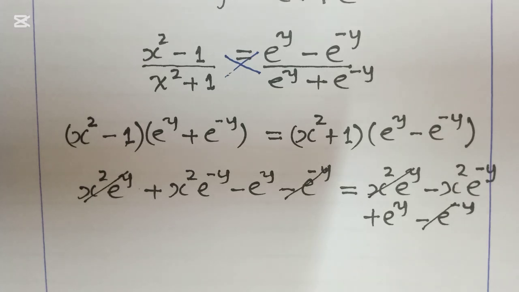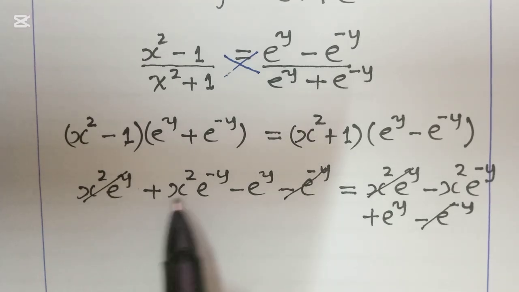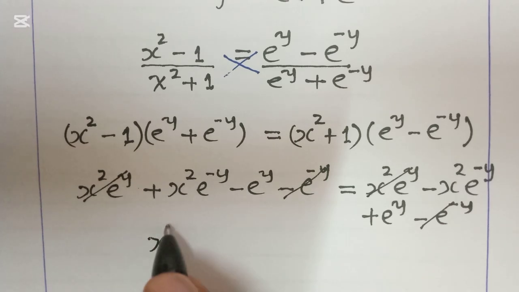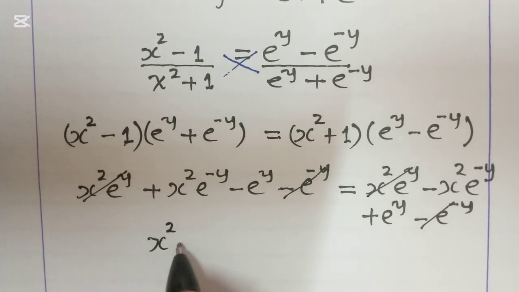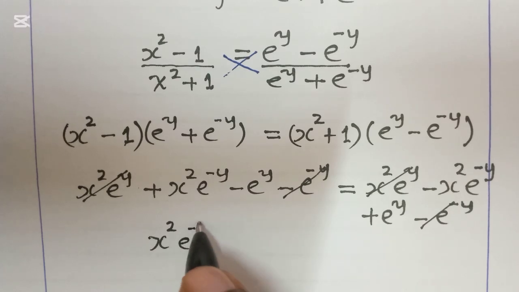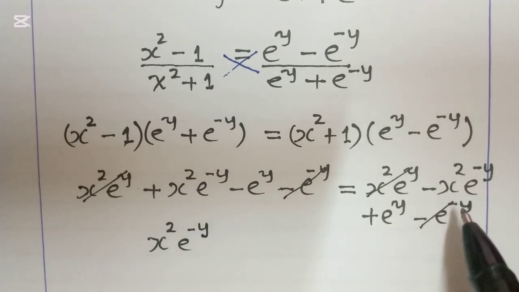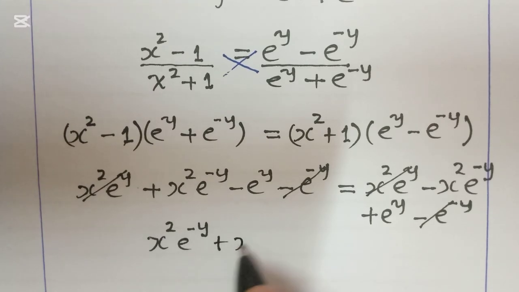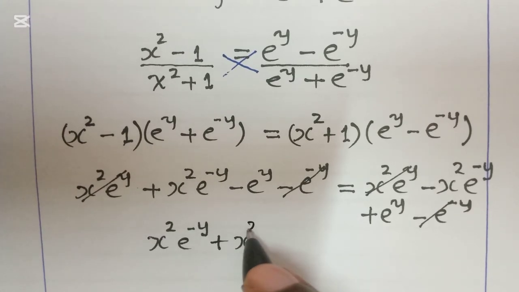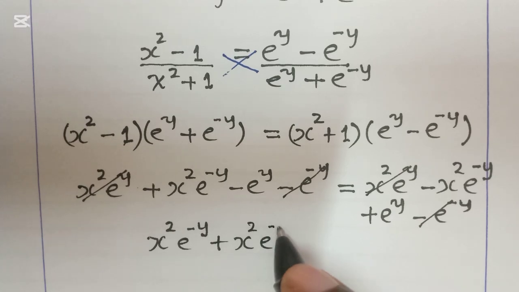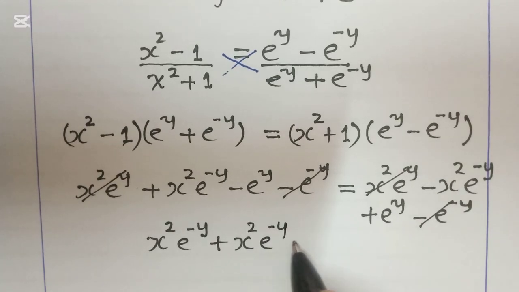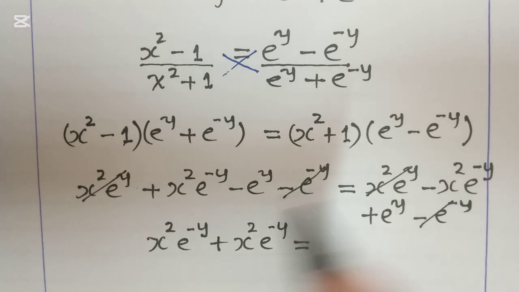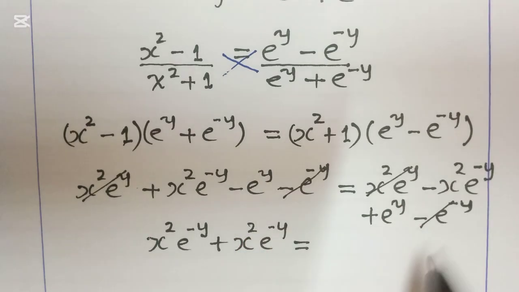So let me put the right terms together. The ones that have x squared, I can put on this side: x squared e raised to negative y, and also this one plus x squared e raised to negative y. This one is now equal to this e raised to y and this e raised to y. I can bring this one to this side.